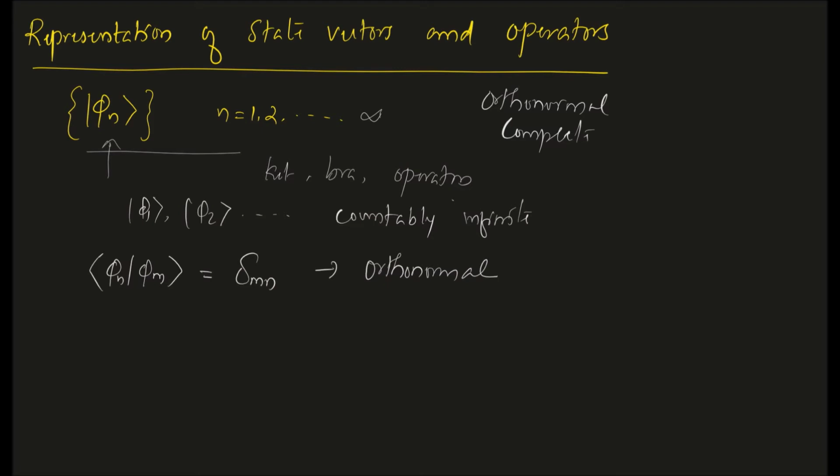Now the completeness or the closure property is given by the sum over n equal to 1 to infinity of the projection operators |phi n><phi n|, which must be I, the unit operator or the identity operator.